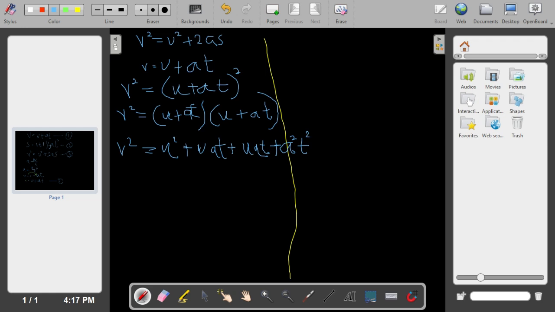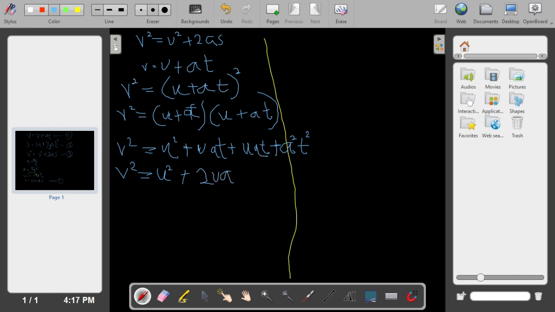So now that this has been generated, what do we do? You sum up uat and uat together because they lie on the right hand side of the equation. So that's v squared equals u squared plus uat plus uat gives you what? 2uat.